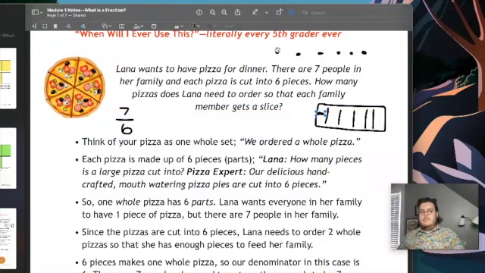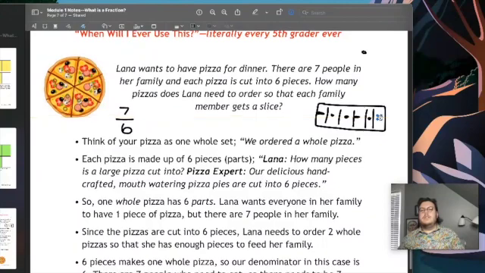To use a model, I'll show you here. We have 1 person, 2 people, 3 people there, 4 people, 5 people, 6 people here. But then we have 1 person left over. So since our whole is only made up of 6, we need to have another whole.